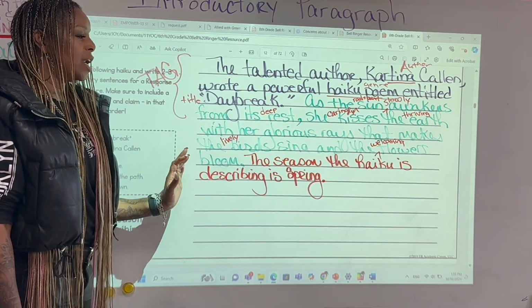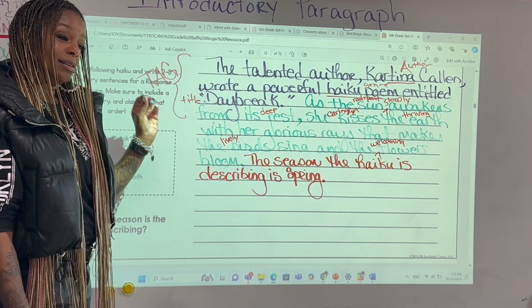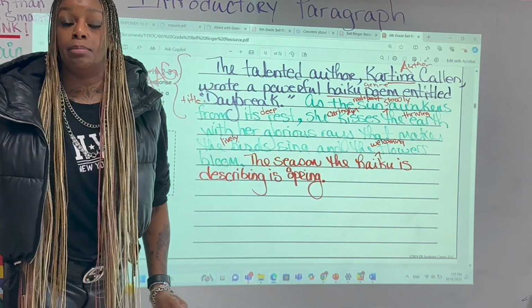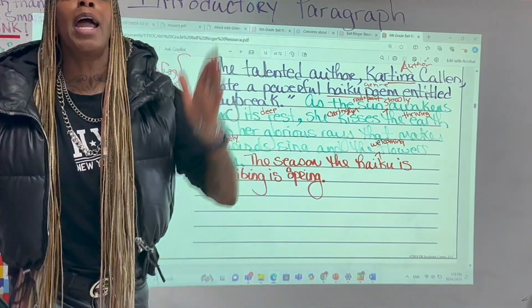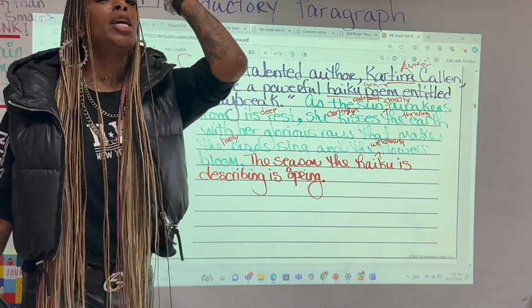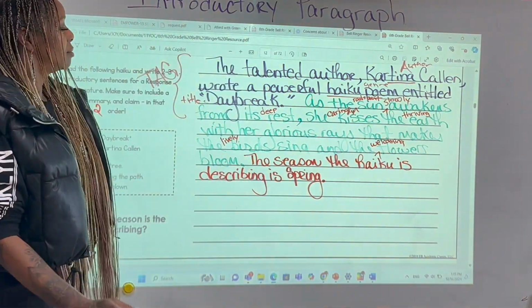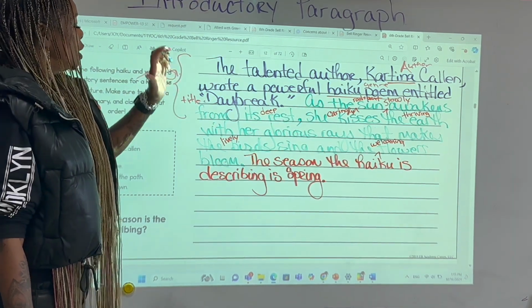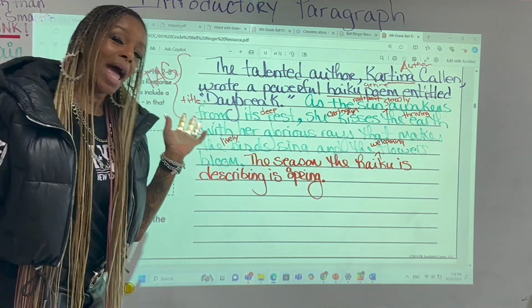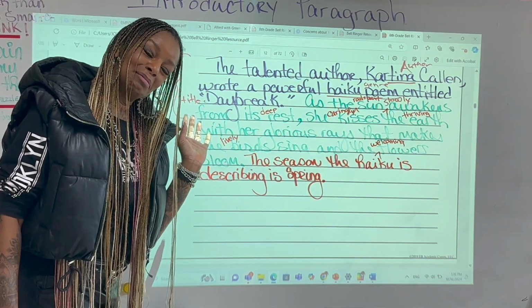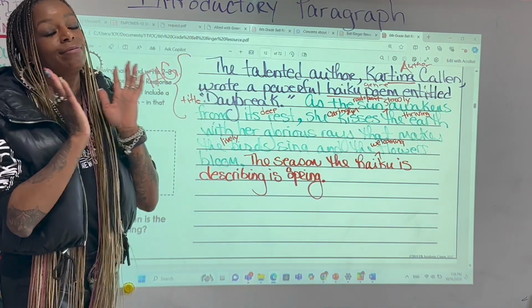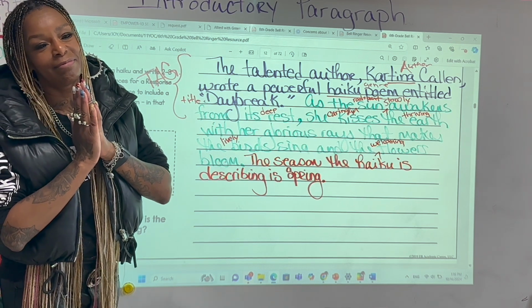And the brain of any essay is your claim. A claim can be argued. Tag, summary, claim. And that, ladies and gentlemen, is how you write an intro paragraph.